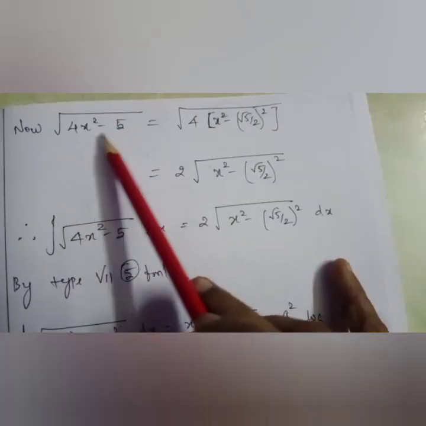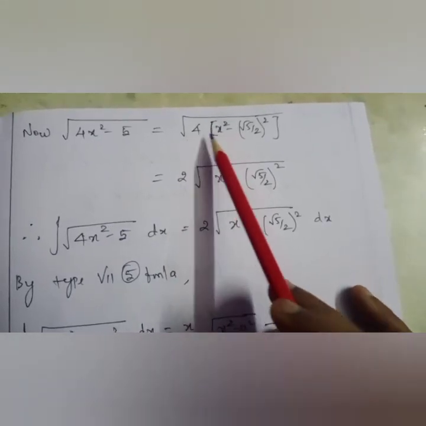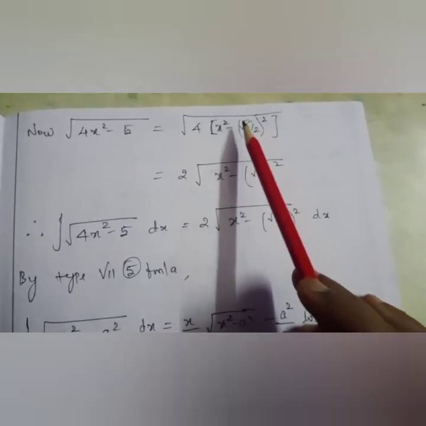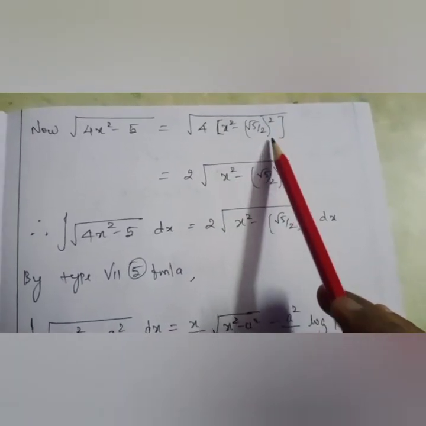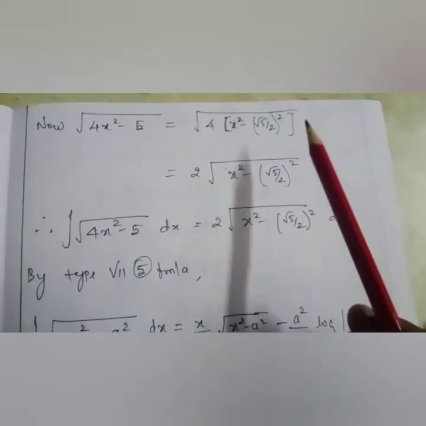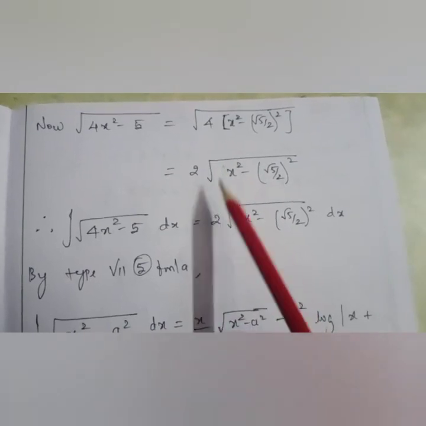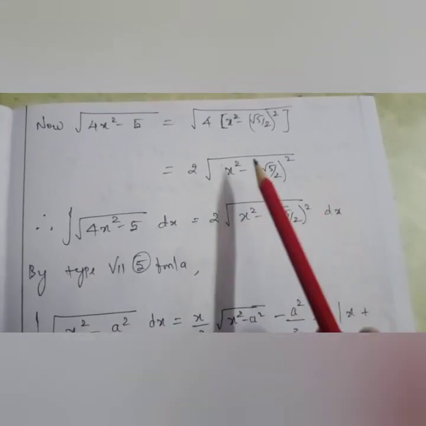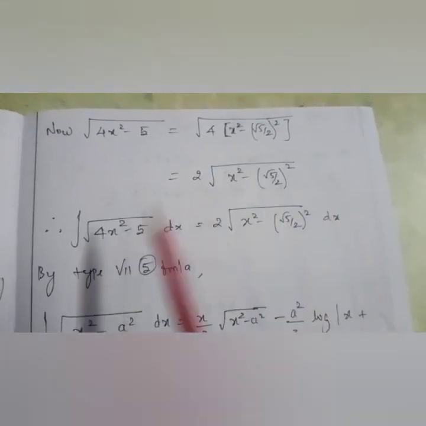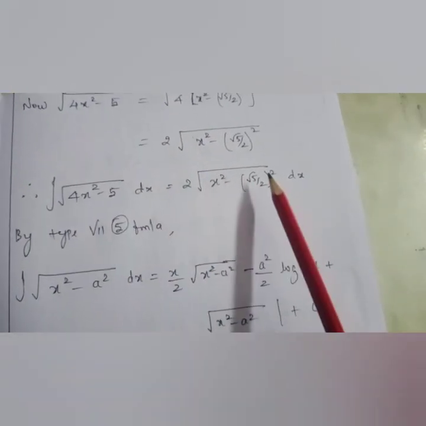Now I have a root also, so I am writing the root here. So root of 4x square minus 5 is equal to root of 4 into x square minus 5 by 4. I can write it as root 5 by 2 the whole square, because I need a square, so I am converting like that. Now what is root 4? 2. So I will write it outside, root of x square minus root 5 by 2 the whole square. This is my x square and this is my a square.